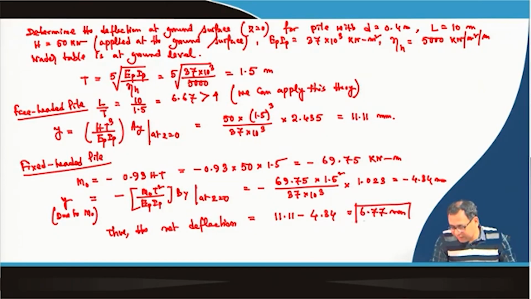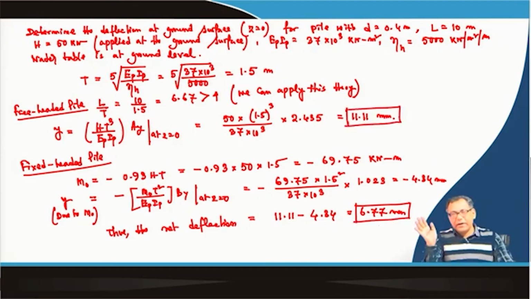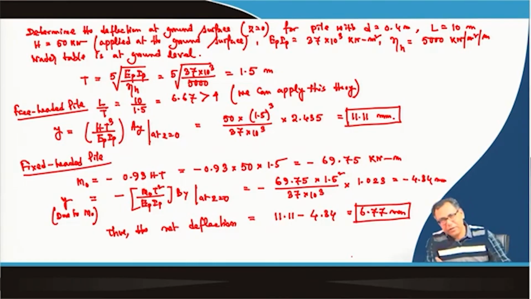So, for the fixed headed pile, the deformation at the head is 6.77 millimeter, but for the free headed pile that deformation is 11.11. So, that means for the fixed head there will be deformation, but the slope will be 0, and for the free head there will definitely be a deformation and the slope will also be there.